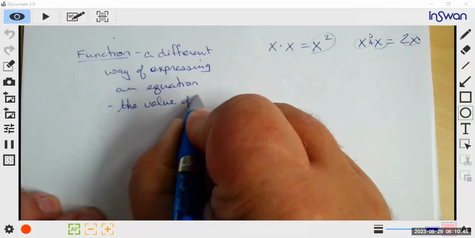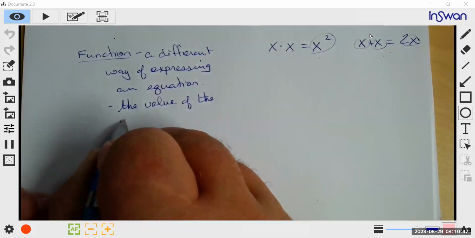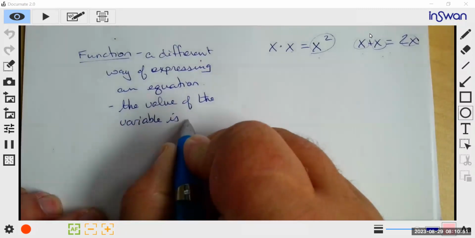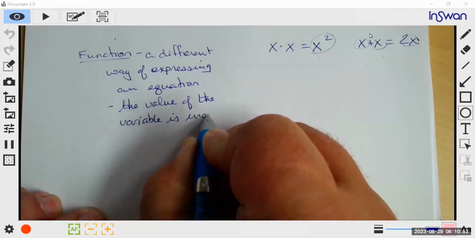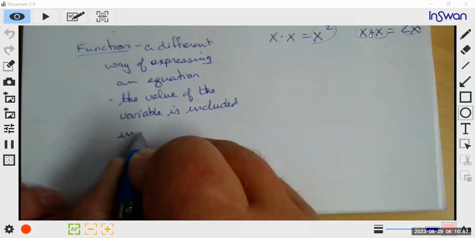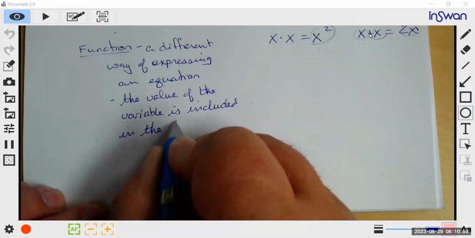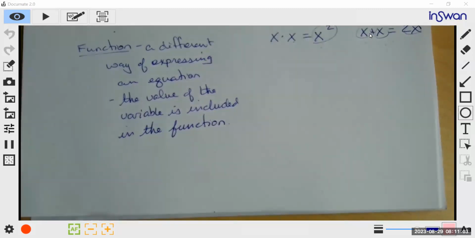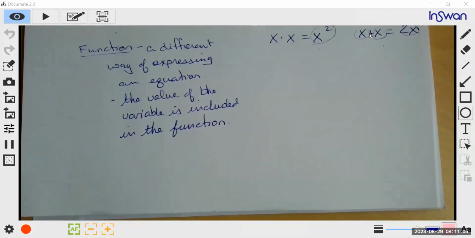The value of the variable is included in the function. It's a different way of expressing an equation.